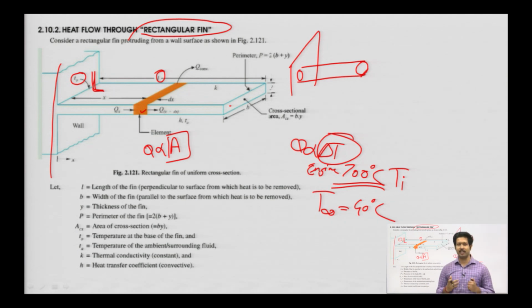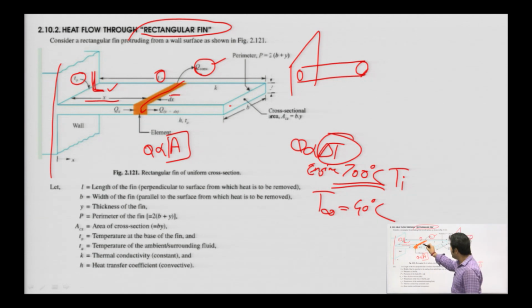Actually, there will be convection. So we have conduction and we have convection, and this is the element that we have considered. The element is x distance away from the base. Base means the body or the engine, you can say.